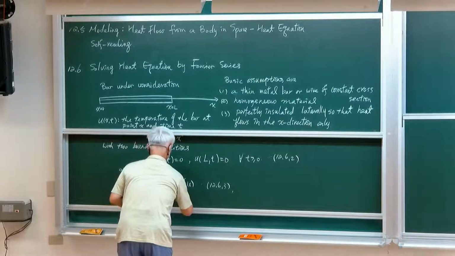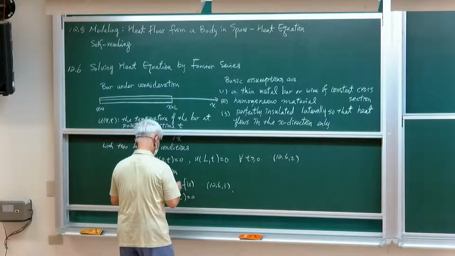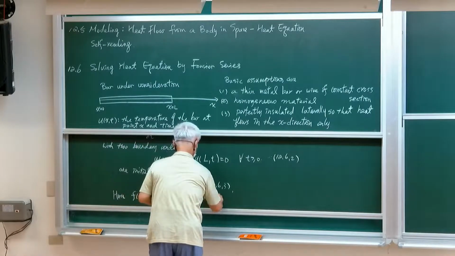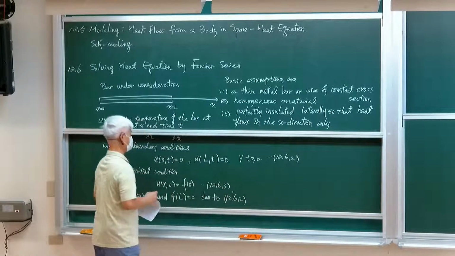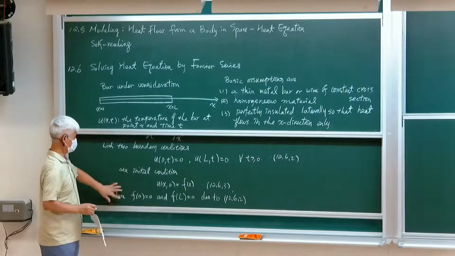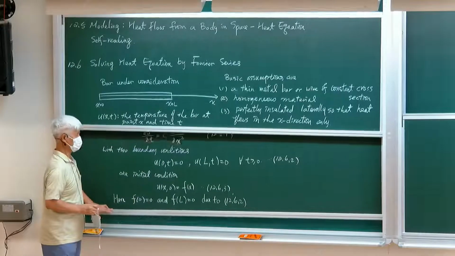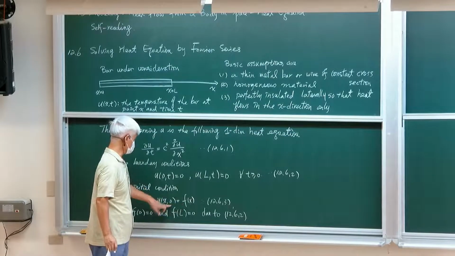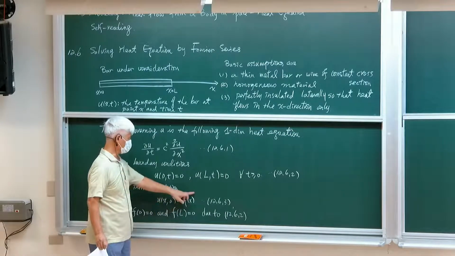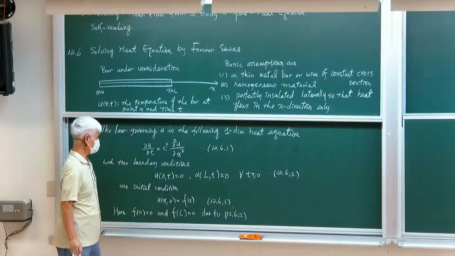And f(L) is 0, due to 12.6.2. So due to the two boundary conditions, we have these two. All right, so the initial condition is the temperature at time t equal to 0.